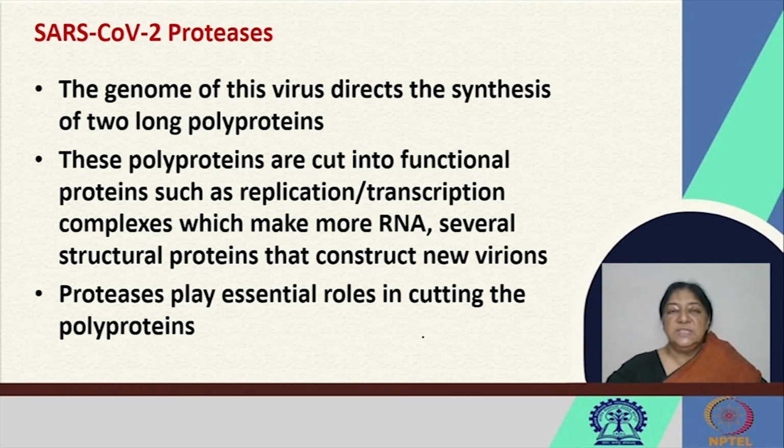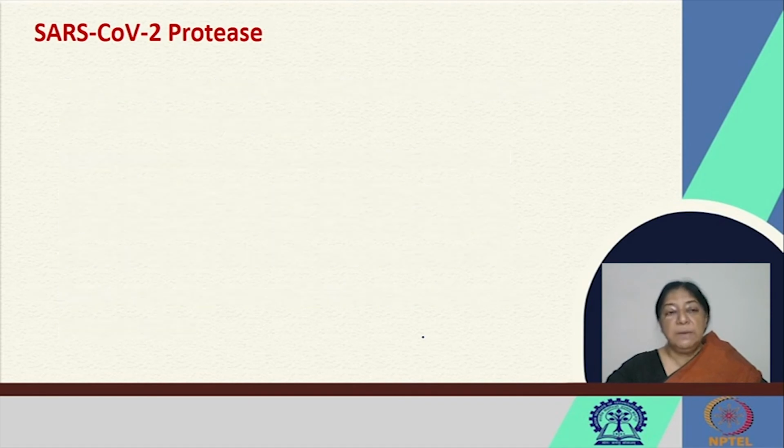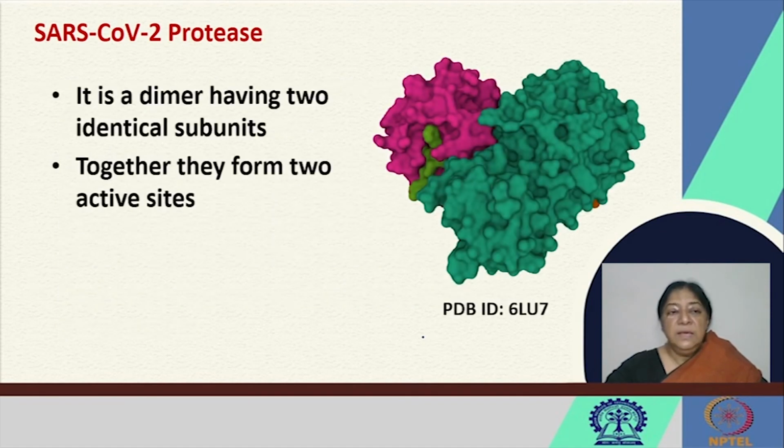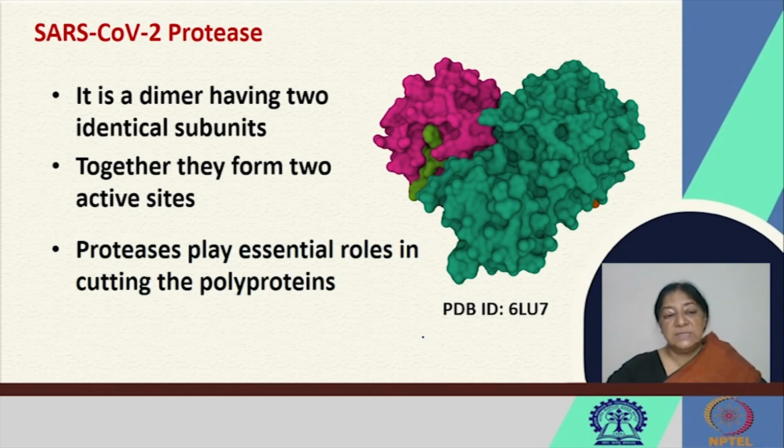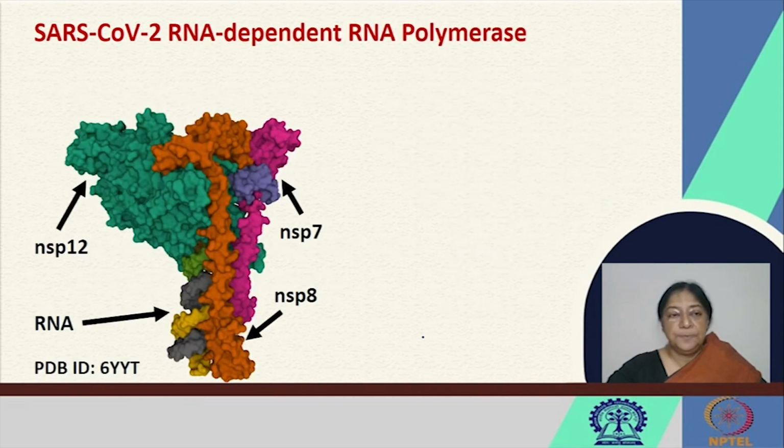And these proteases play very essential roles in cutting the polyproteins so that their functional proteins can be created. The complexes required for the generation of more RNA can be created. Then this SARS-CoV-2 protease, the structure is a dimer that has two identical subunits, and together they form two active sites. And these, as I mentioned, have essential roles in cutting the polyproteins.